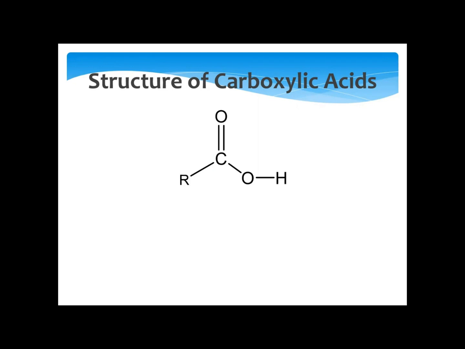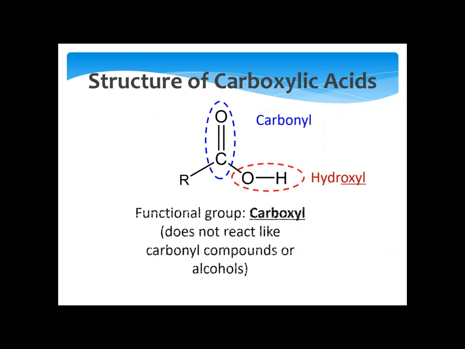Now, for carboxylic acids, this is the structure. I think by now you will have recognized that there is a carbonyl group. You can identify the C=O carbonyl and the OH hydroxyl group. But when they come together, they form the COOH group, which we call carboxyl.